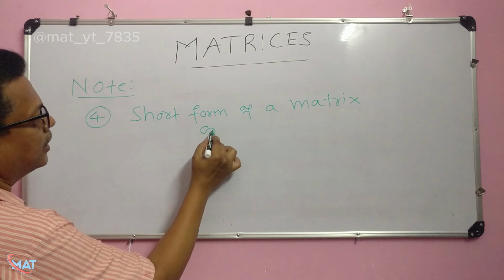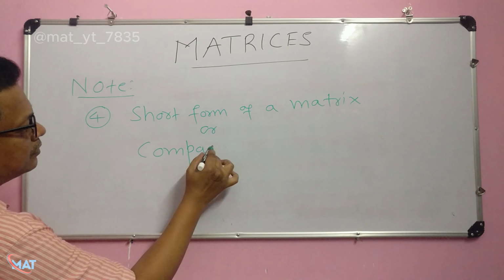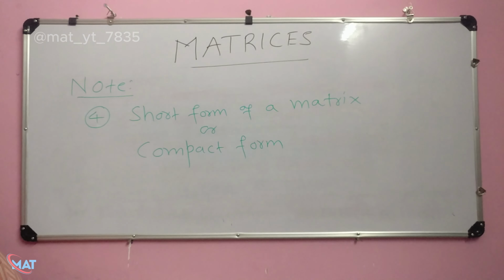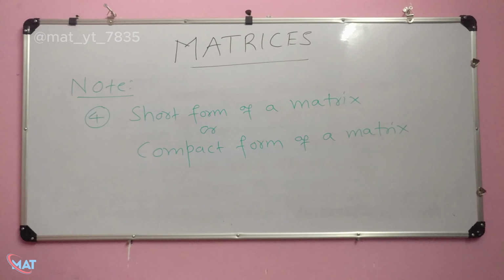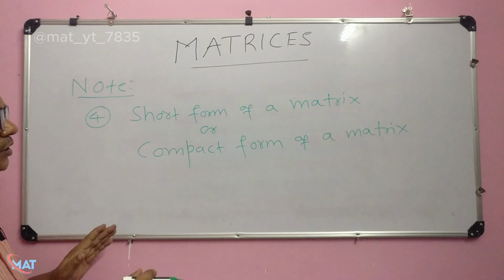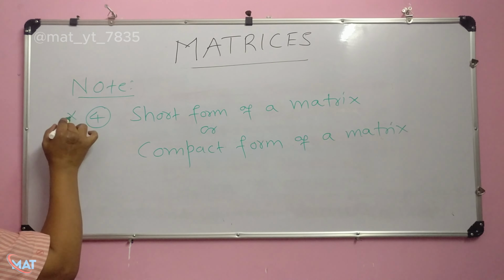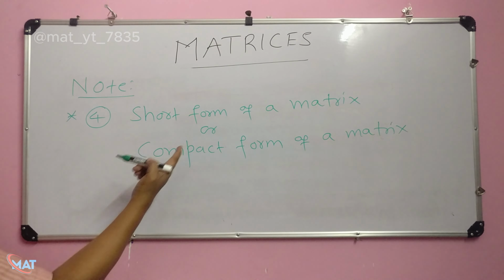Short form is also called compact form of a matrix. So in general, instead of showing all the elements in a matrix, we can use the short form. Mostly in some theorems to prove, they are going to use these type of notations.